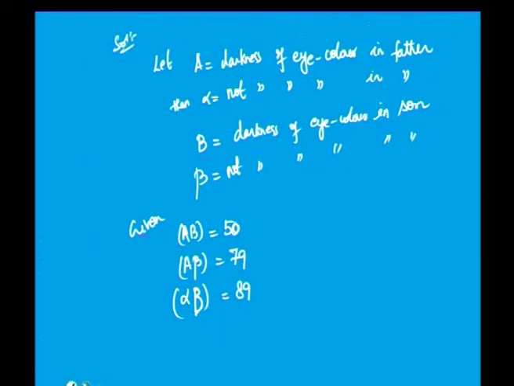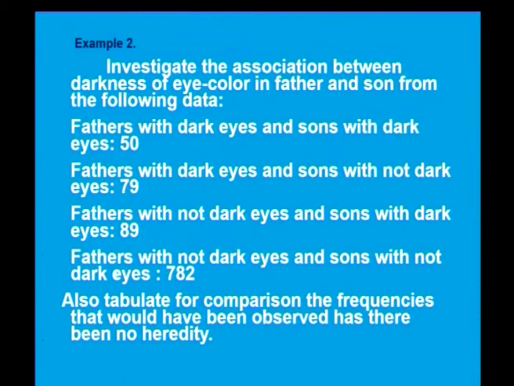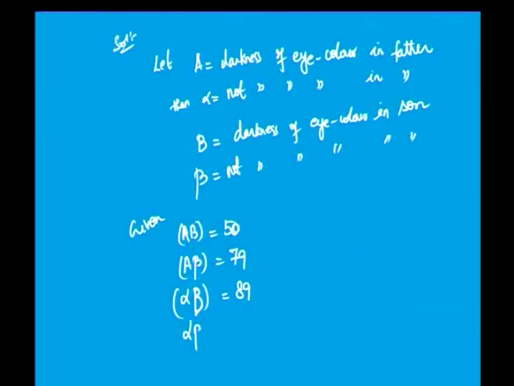Then fathers with not dark eyes and sons with not dark eyes, that is alpha beta. Alpha beta is equal to 782. So, with this information, we will find out the association between eye colors of fathers and sons using the coefficient of association, Yule's coefficient of association.